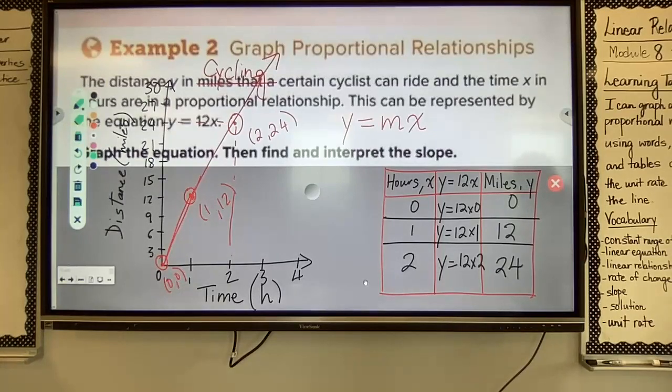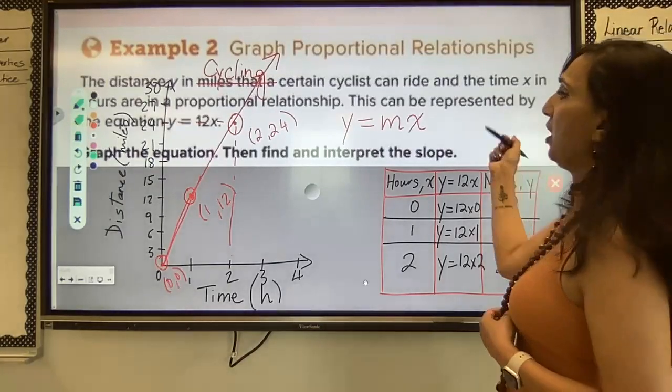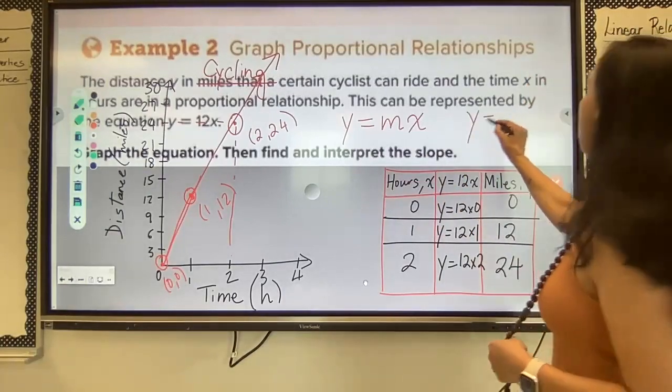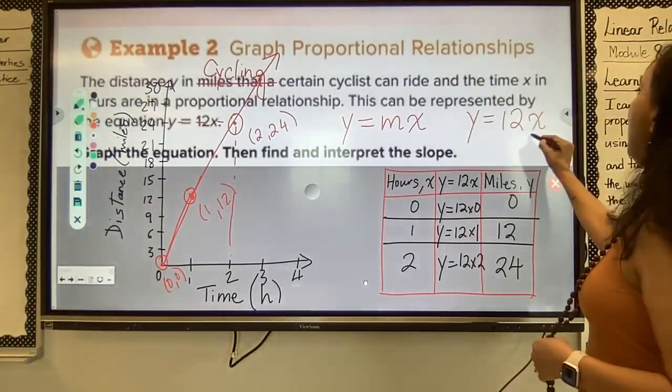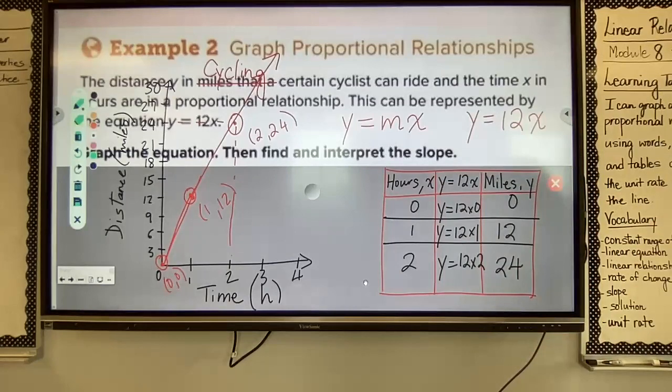The equation given over here is y is equal to 12x. So the equation y is equal to 12x represents the distance y in miles that the cyclist can ride in x hours. So the slope of the line is 12 over 1, or 12.